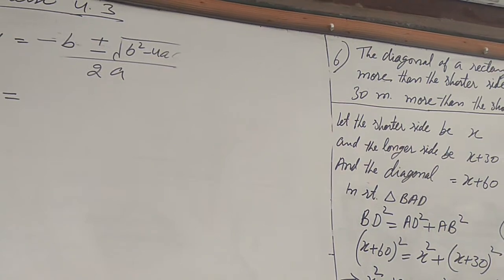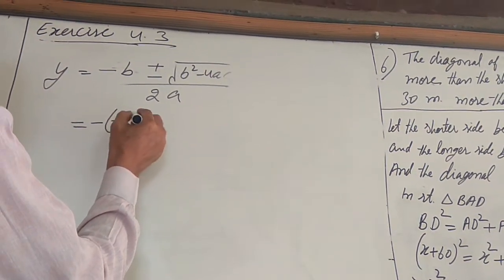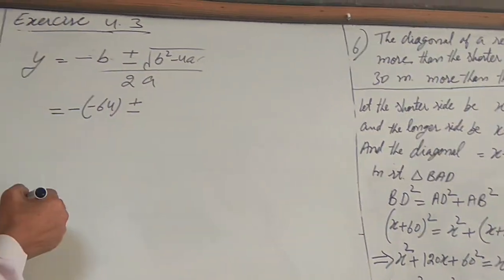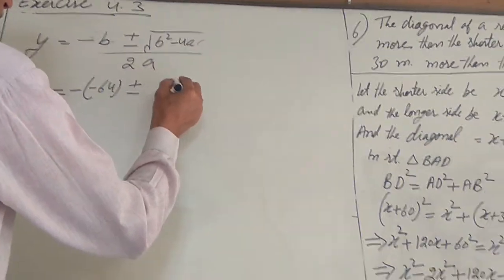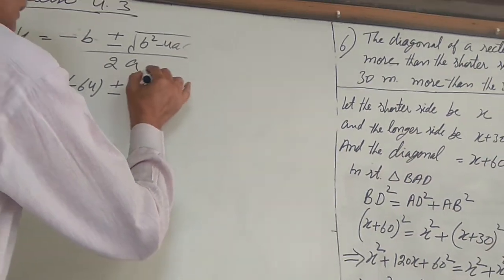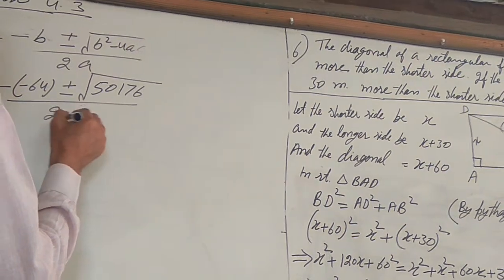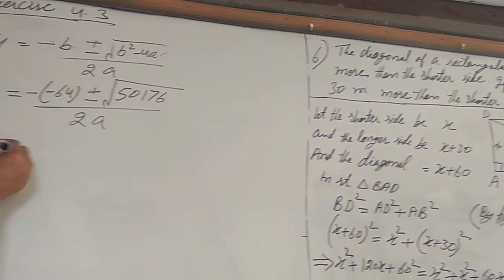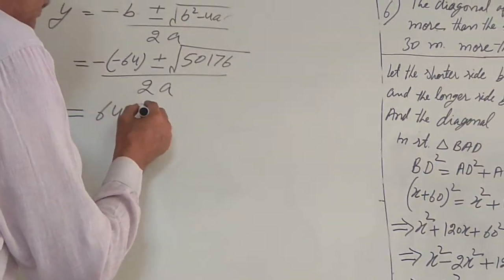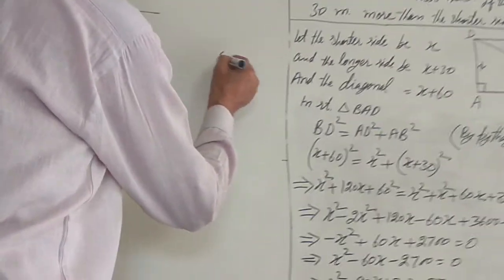This should give you minus minus 64 plus minus the square root of 50,176 upon 2a, that is 64 plus minus the square root of this. Let's find out the square root of this.